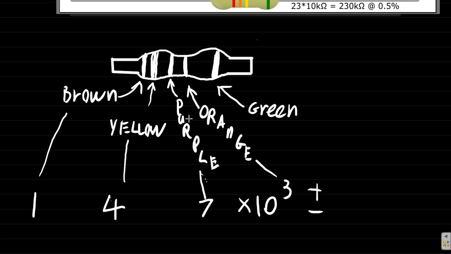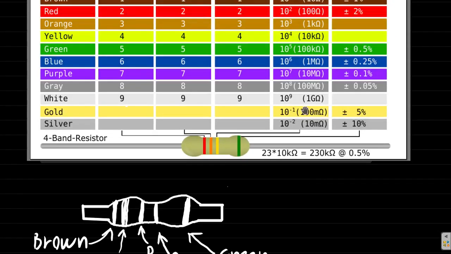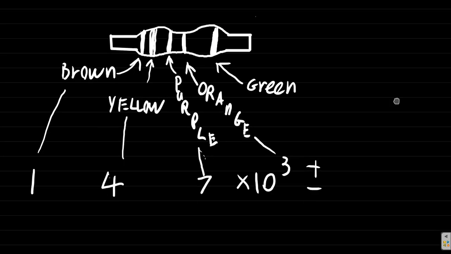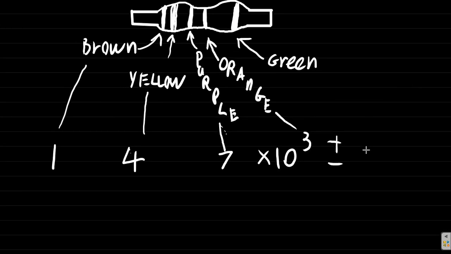Alright? So you give a tolerance of plus or minus. Well, this is green, so let's find out. Green, plus or minus 0.5%.